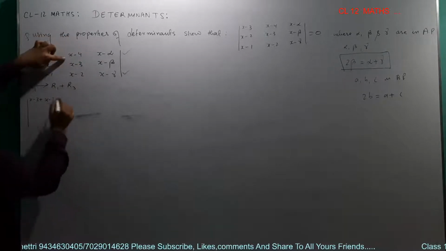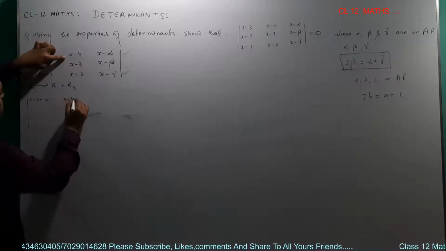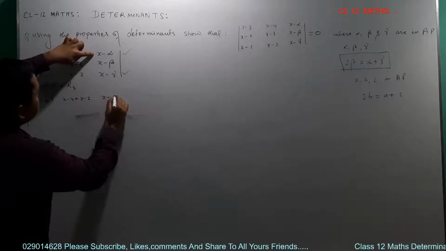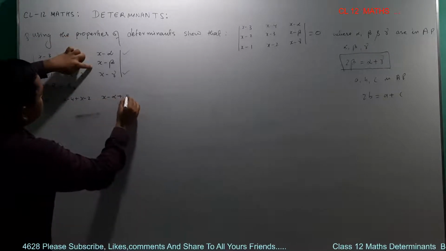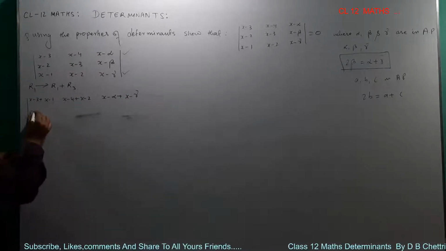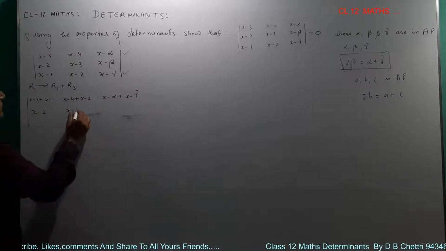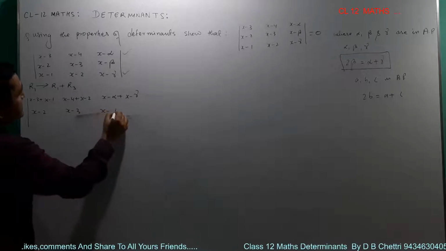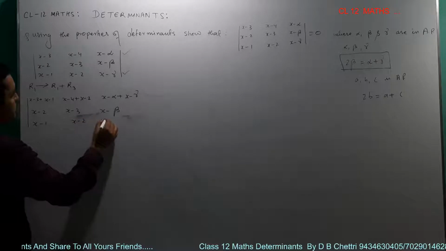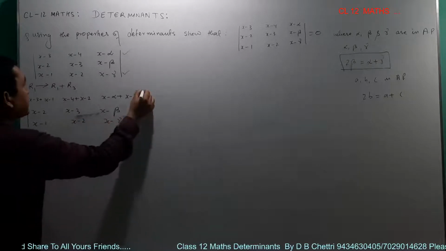Then here, x minus 4 plus x minus 2. Here, x minus alpha plus x minus gamma. Then the others remain the same: x minus 2, x minus 3, x minus beta; x minus 1, x minus 2, x minus gamma. Now let's simplify it.